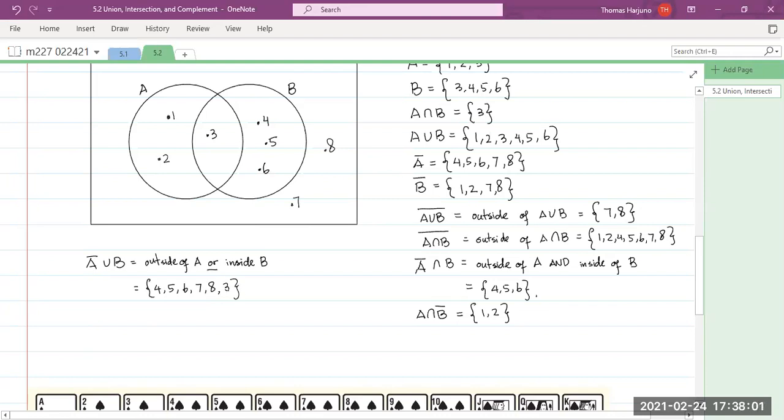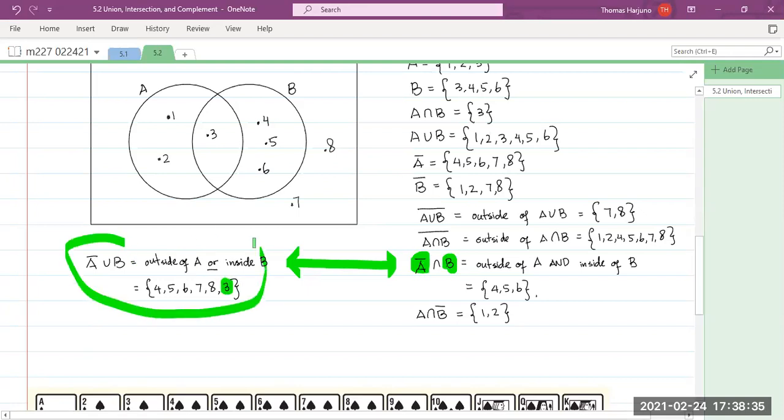Okay, so I hope you can contrast the difference between intersection and union. Intersection, it has to satisfy both. It has to be outside of A and at the same time inside of B. Okay, I was lost for a minute how 3 was. I thought we weren't counting 3 because it was kind of inside of A too, but we're not thinking of it that way. 3 is in this union because it is inside B. I understand.